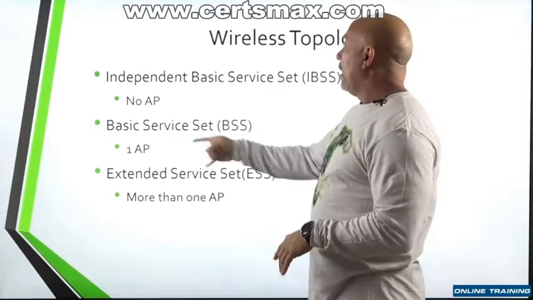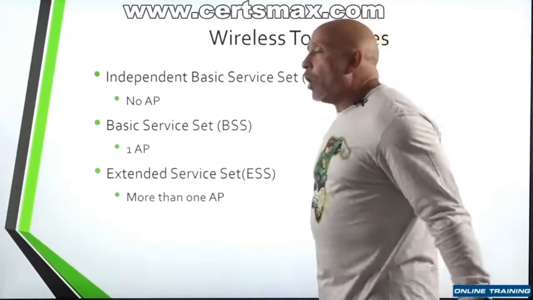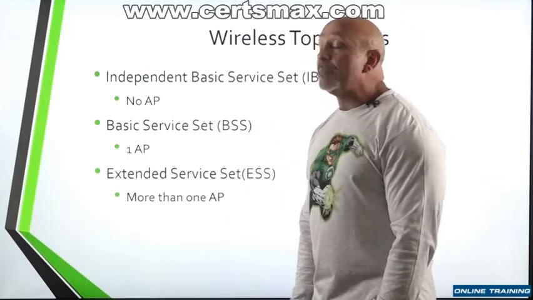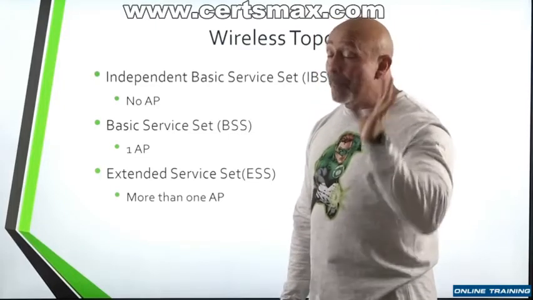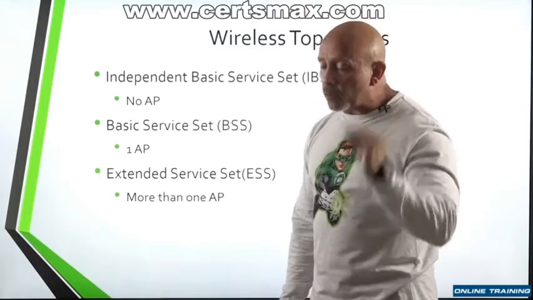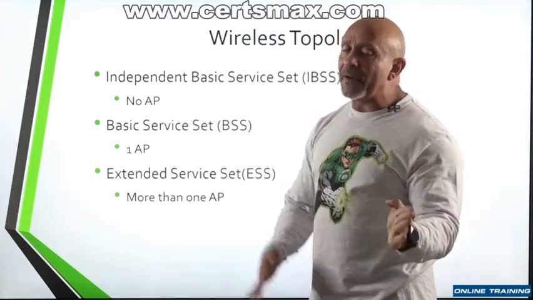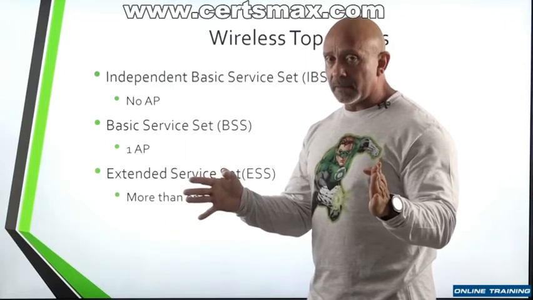Okay. Basic service set. You have one AP. That means all your wireless devices connect to this one AP. Now keep this in mind. Okay. One AP, depending on the type of traffic that you have, can handle anywhere from 25 to 50 devices.